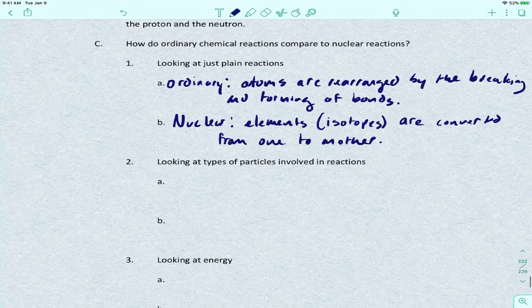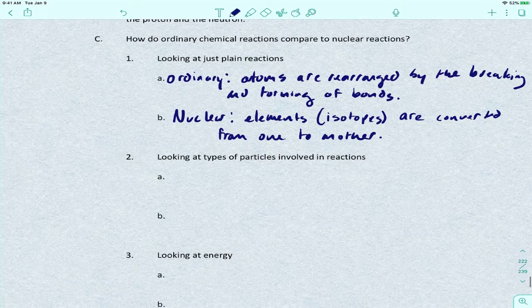Now looking at the types of particles involved in reactions, if we're looking at an ordinary reaction, electrons are the key. Electrons are the only particles involved.